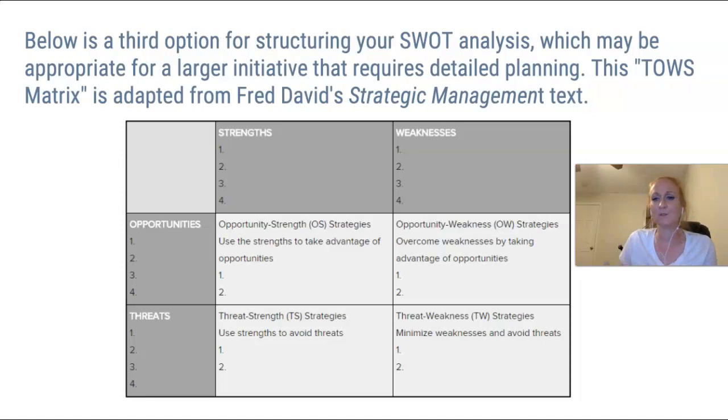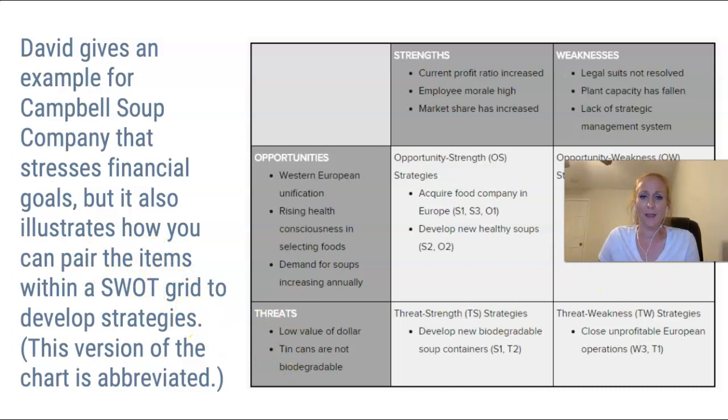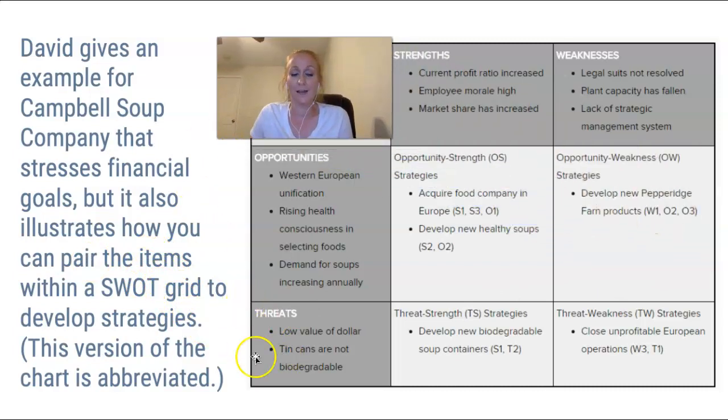So again, this is a really fun way to get after some of the celebration of how well things are going and deal with anxiety that may arise when things are not going terribly well. David also gives an example that the Campbell Soup Company did that stressed financial goals, but it also illustrates how you can pair the items within a SWOT grid to develop some strategies.